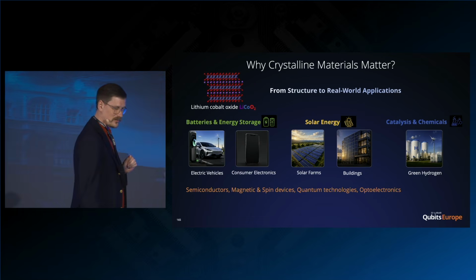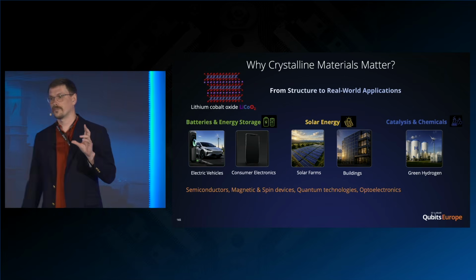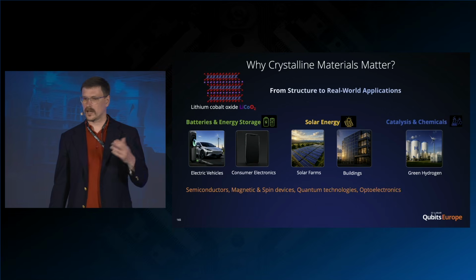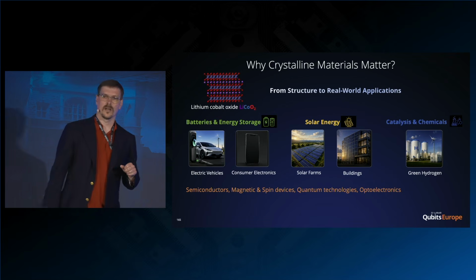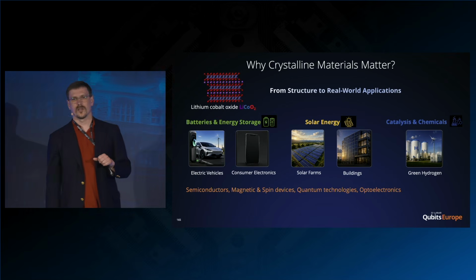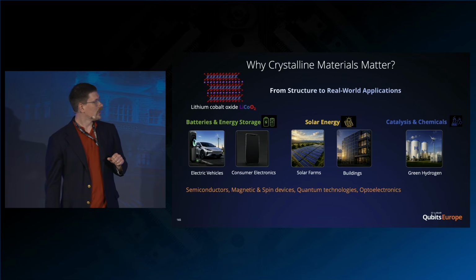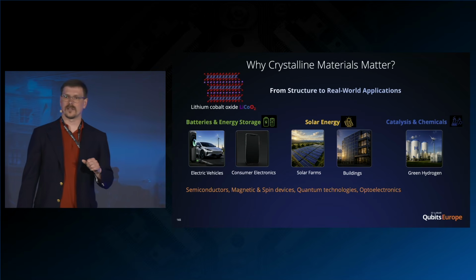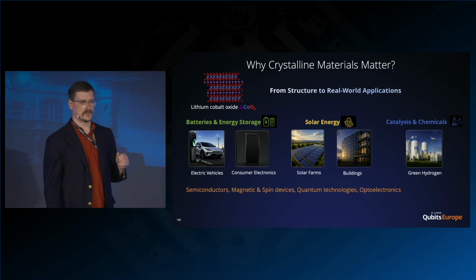I would just remind you, catalytic converters, they rely on the catalysts, green hydrogen and so on, so lots of manufacturing depends on the catalysts, but also they are used in solar energy, which is very important to us nowadays to build resilience towards oil supply shocks and so on.